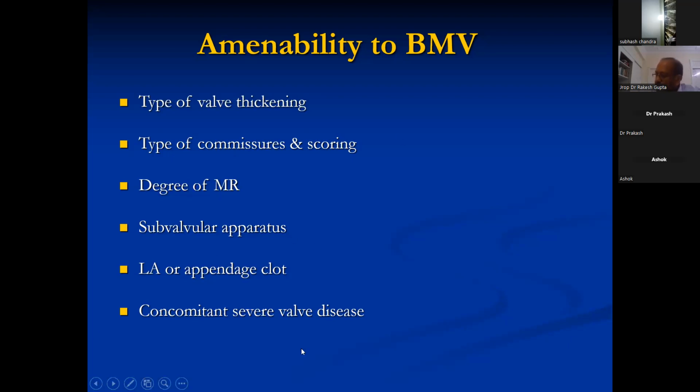Subvalvular apparatus, and concomitant severe other valvular heart disease. If the patient has mitral stenosis with aortic stenosis, then you cannot just tackle one valve and leave the other valve. Then you have to undergo surgery, because by this you can only relieve one valve but not the other one. Suppose the patient has mitral stenosis with aortic regurgitation, you have to relieve the aortic regurgitation by valve replacement. But generally, what we do, we write this, and the degree of MR and LA clot, and if there is any other valve lesion present.